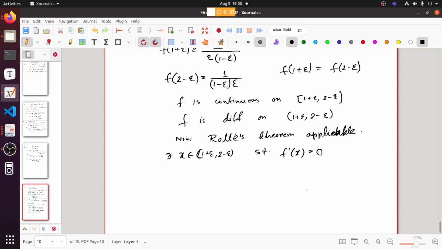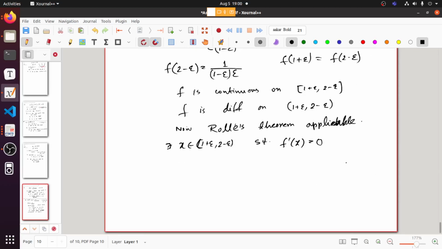Look at the curve, how it looks. At 1 and 2 the function is not defined, so asymptotically this curve will look like this.